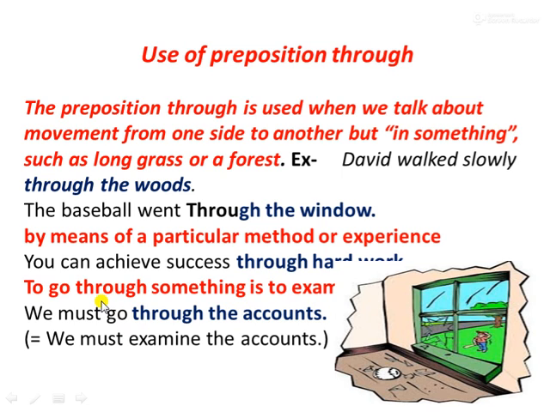In some cases you can see the phrase to go through something. It means that you have to examine it. For example, we must go through the accounts. That means we must examine the accounts for any mistakes or wrongs. So this is the use of the preposition through as a preposition of movement.